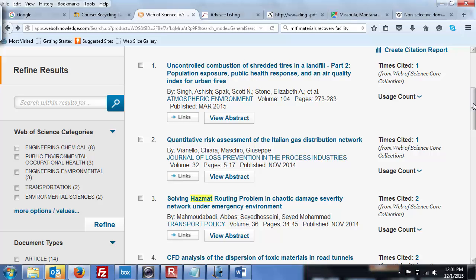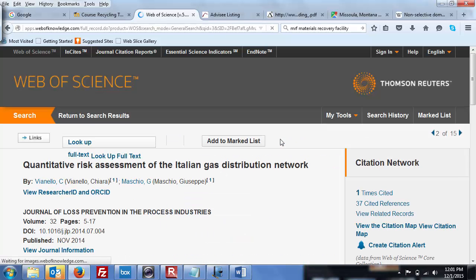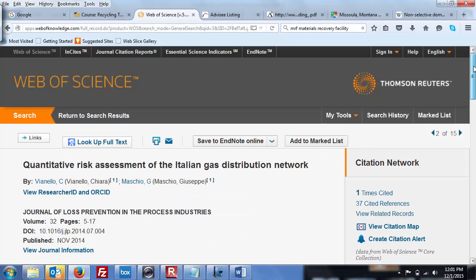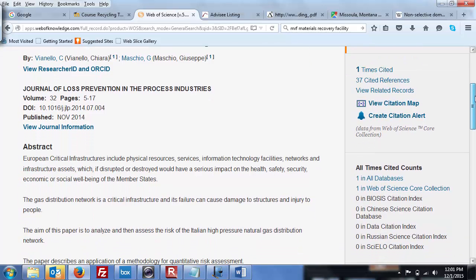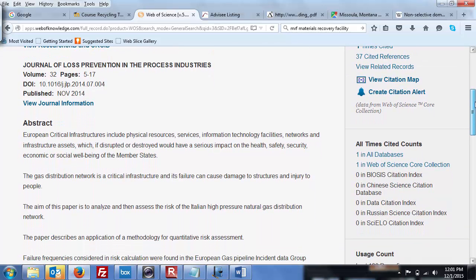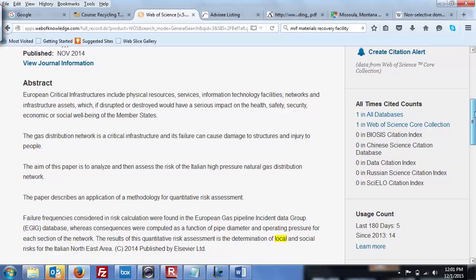This is a tough one. I'm not seeing a whole heck of a lot out here. I'm just going to click on this guy because it sounds like the Italians are distributing hazardous gases. So let's just see what that's all about. Too much pasta. It's the shaved ice. They've been carbonizing the shaved ice. Italian high-pressure natural gas. Oh, it's just natural gas.